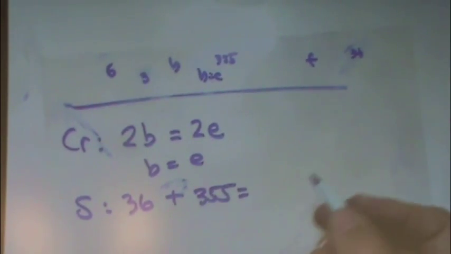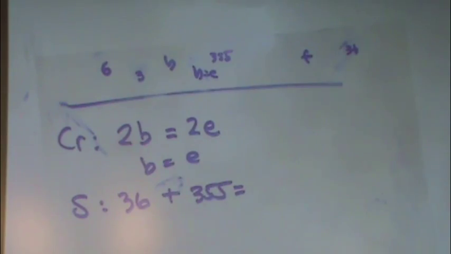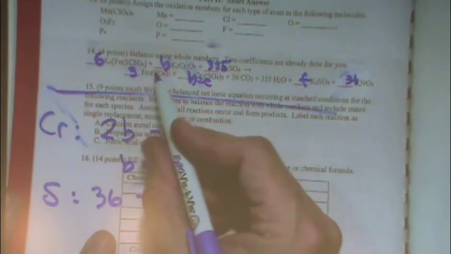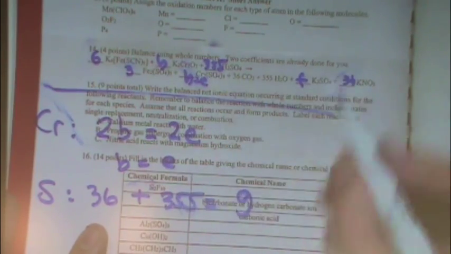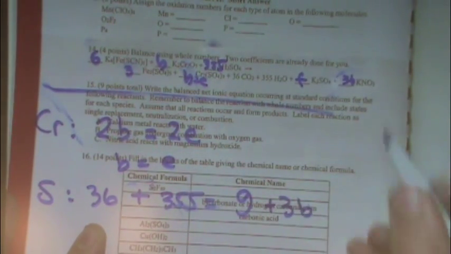355 equals, where else does sulfur appear? Okay, I gotta line this up. How many sulfurs are here? There's 9 there. How many sulfurs here? 3B, right? Is there any other sulfurs?